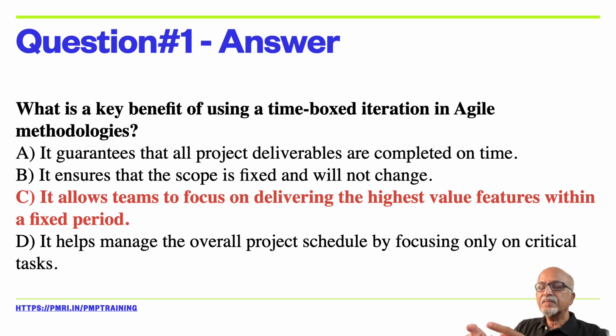And we prioritize on 2 parameters. One is the value to the customer, and the second one is the risk involved. The primary focus is delivering value to the customer.